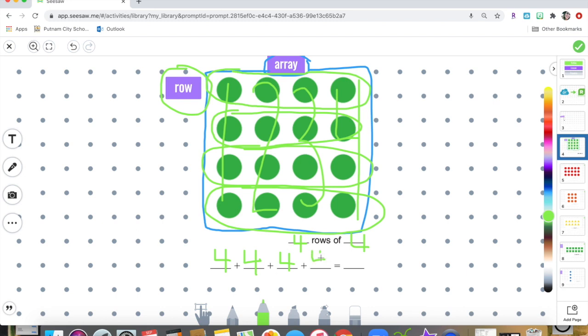So we're adding one more 4 to that. So we can either count on from 12, so 13, 14, 15, 16, or we can do 8 plus 8. So that is a double. 8 plus 8 equals 16. Okay, so now you will do the remaining problems, and you'll need to remember your array and row so that I know you know the difference between the two.